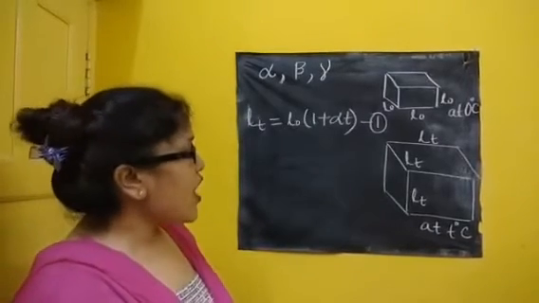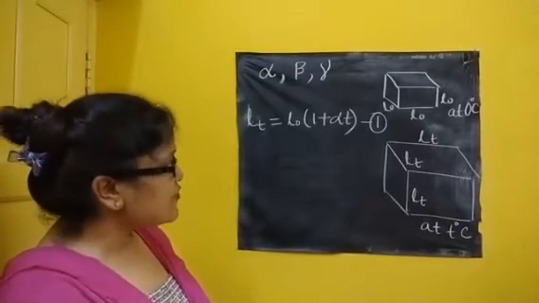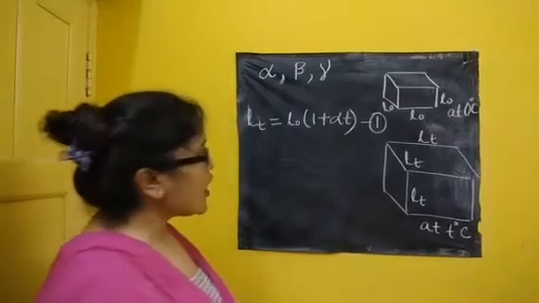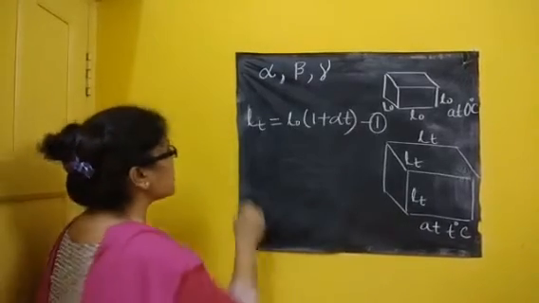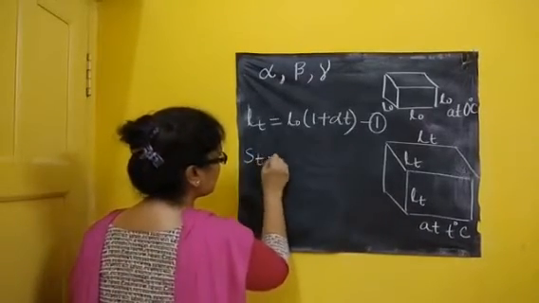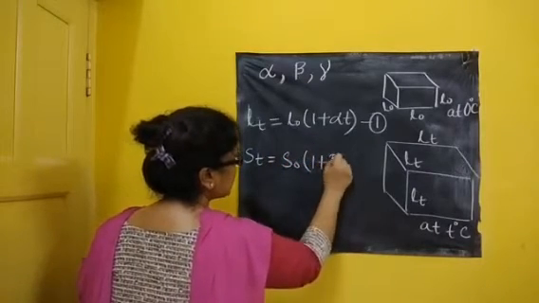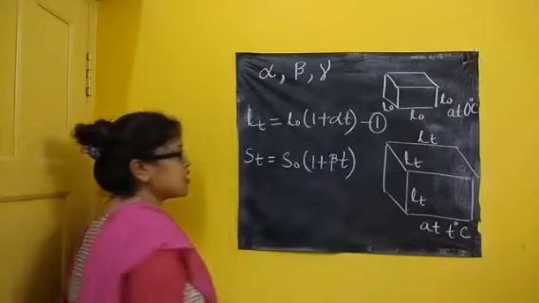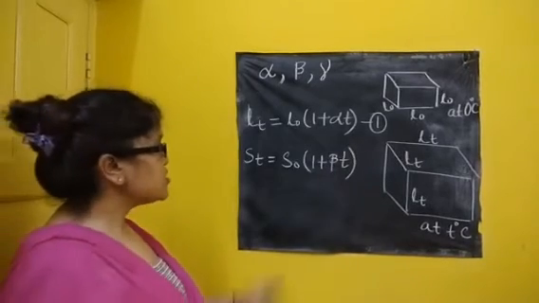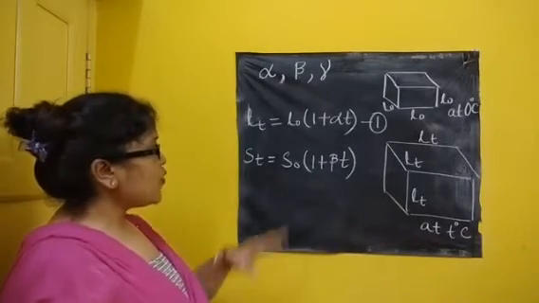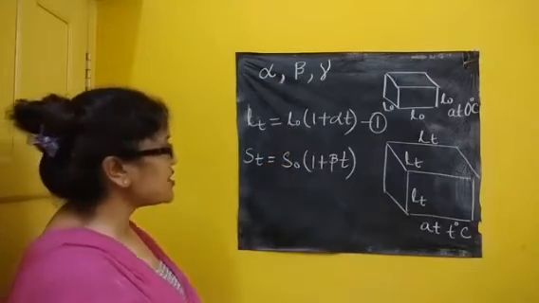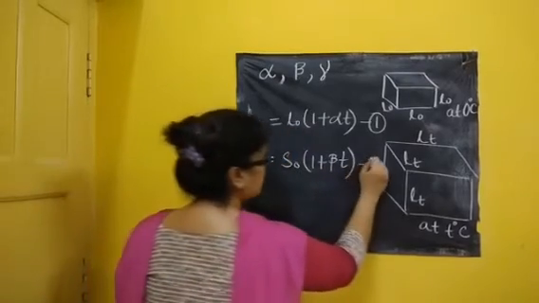Considering surface area, what will be the change? ST will be equal to S0 (1 plus beta t). We know S0 (1 plus beta t). Give it equation number 2.